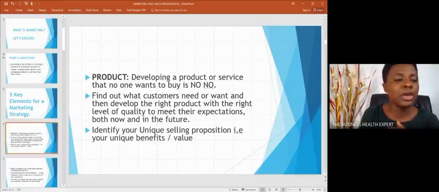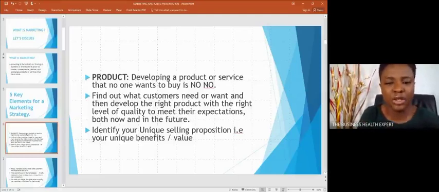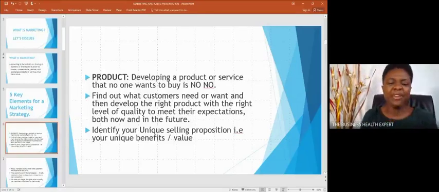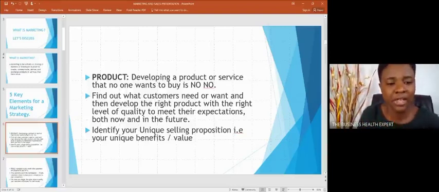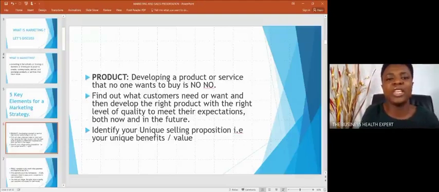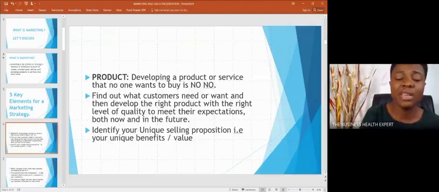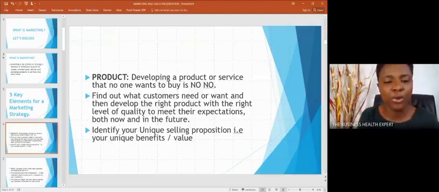Now, in understanding the first element of a marketing strategy, which is product, you must understand what your customer needs or wants and develop the right product, a solution that will meet their expectations, both now and in the future. It's not something you just do within a year, 3 months, and nobody needs it again. It must be something that for years to come, people will keep buying, either requesting your service or your product.